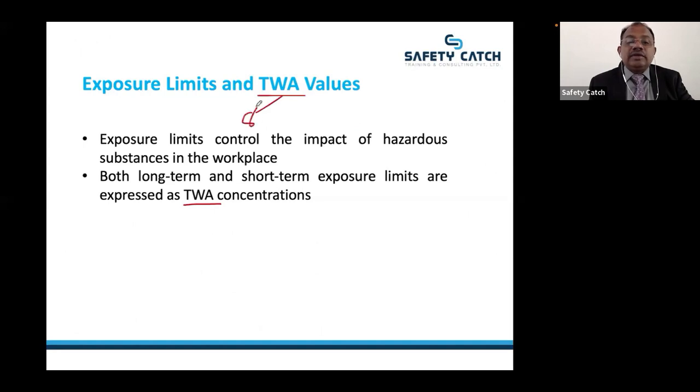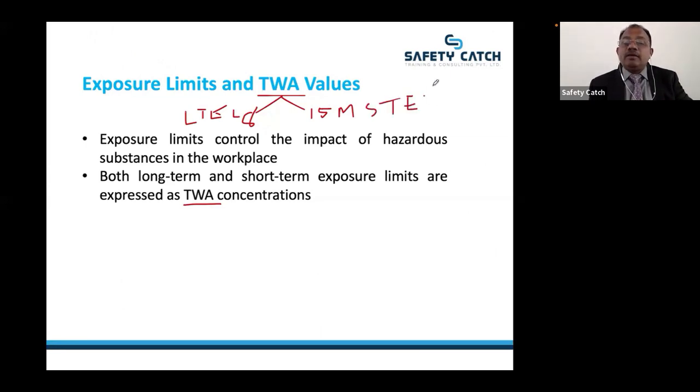One is the 8-hour permissible concentration, because 8 hours is the normal shift. Then the other is 15 minutes. So 8 hours, we call it the long-term exposure limit or LTEL. And 15 minutes we call STEL, the short-term exposure limit.